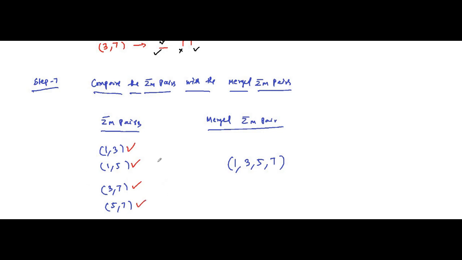So there is no need to include any of these Minterm pairs in the final Boolean expression. We only require this merged Minterm pair because it covers all the essential prime implicants.